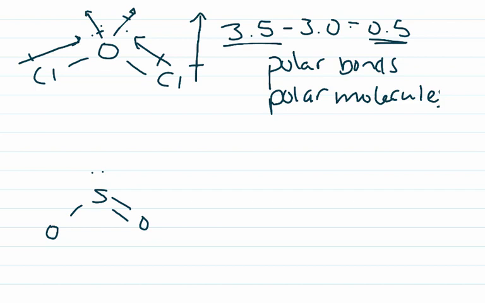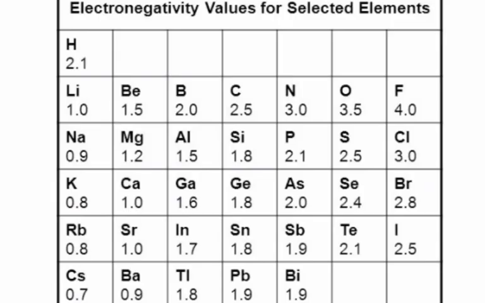And lastly, let's look at a more complicated example, sulfur dioxide. First, we'll look for the electronegativities. We find sulfur with an electronegativity of 2.5 and oxygen with an electronegativity of 3.5.